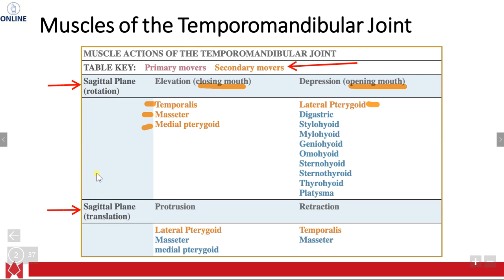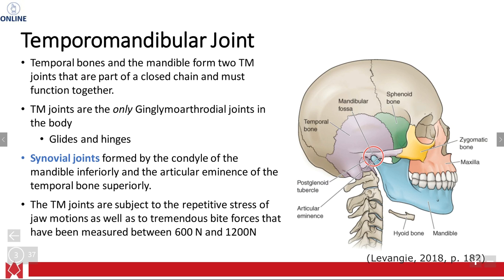But ultimately, these are both sagittal plane movements, and even opening and closing the mouth contains a certain amount of translation built into it, especially the second half of opening the mouth. It contains a lot of translation, and this will make a little more sense once we look at a video of this and how this looks.